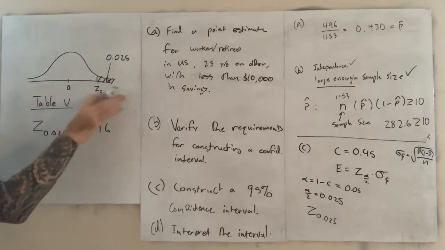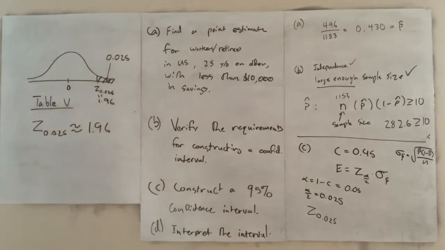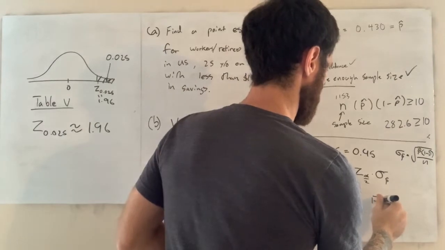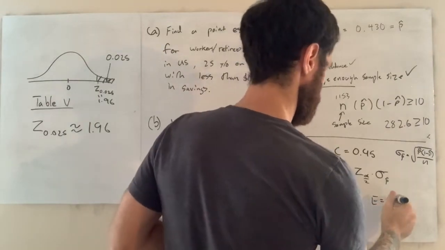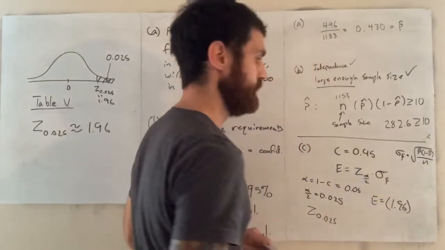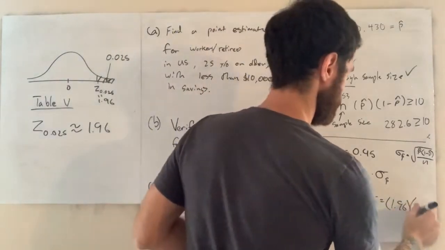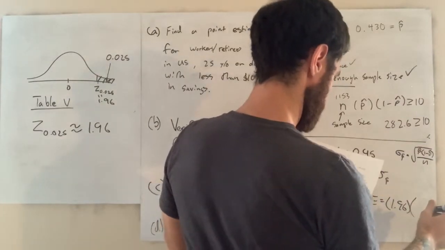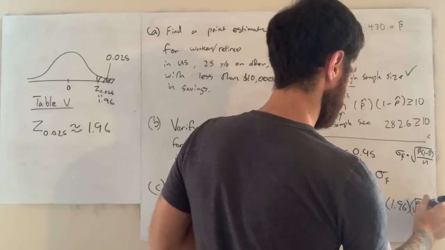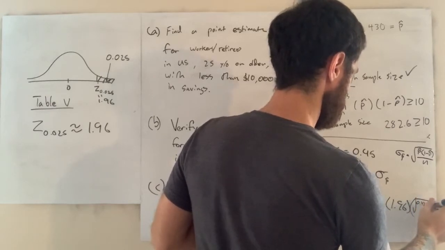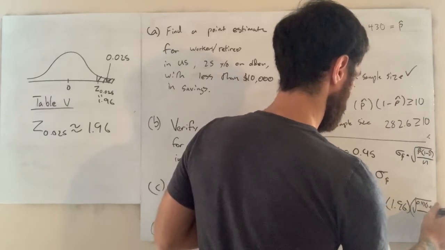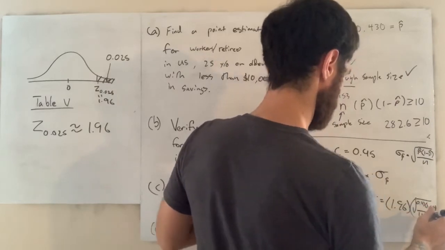That's the z value you're going to use. And so what we do over here is figure out our error. It's going to be 1.96 times whatever this gross value is here, and it's just going to be the square root of 0.43 times 1 minus 0.43, all divided by 1153.